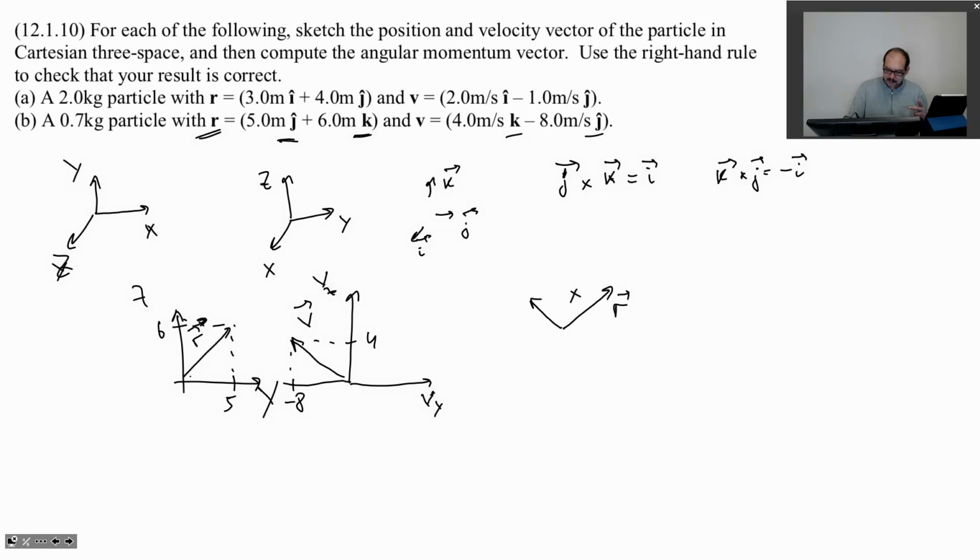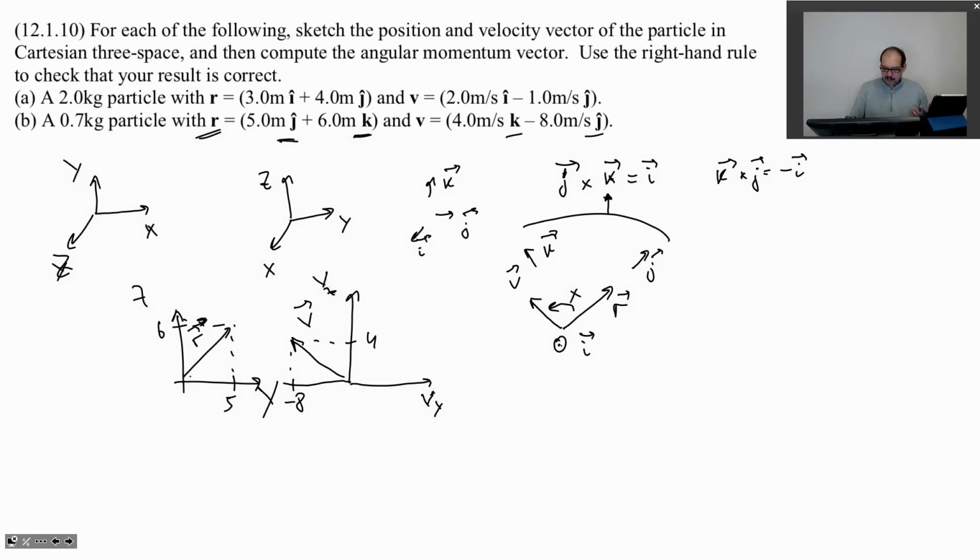So now we've got r cross v, so r towards v gives, out of the screen, i. Well, again, this is the direction provided by j, this direction is provided by k, and right here we get the same, j cross k equals i.